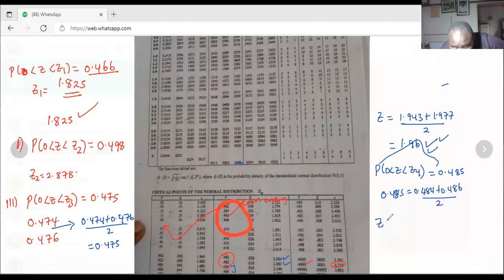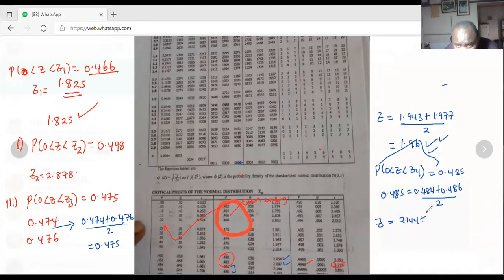So their Z value would be 2.144 plus what? What value does it give us?